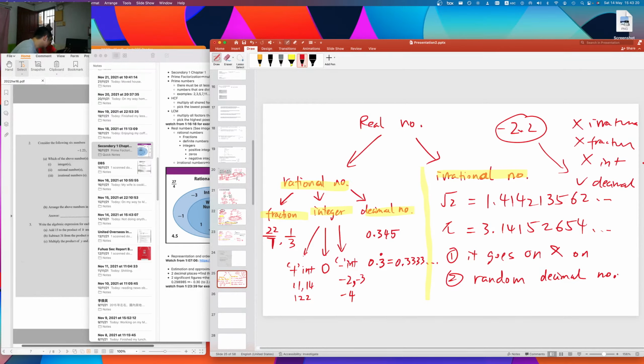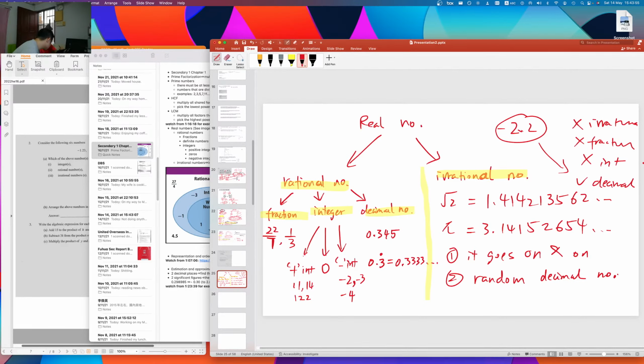Then square root 2. Why irrational? Because the number goes on and on and it's random. Yes. 3. Yes. Pi? Why irrational? It's the same.